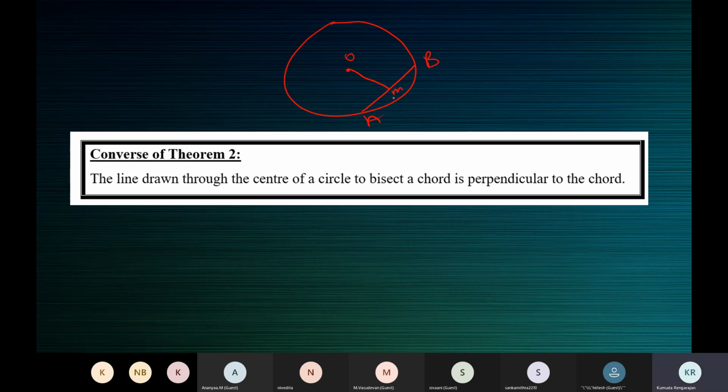If it is given that M is the midpoint of AB, then OM should be perpendicular to AB.